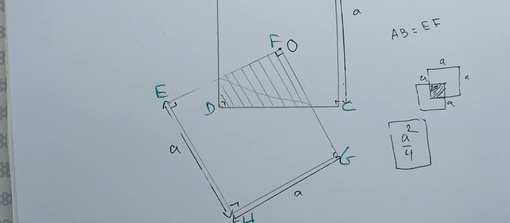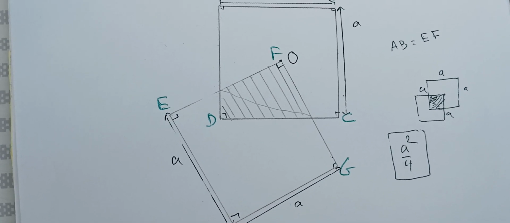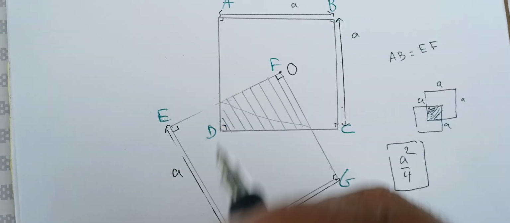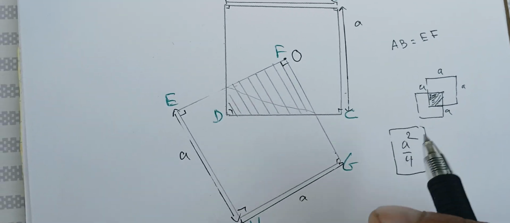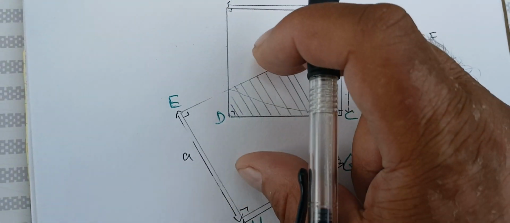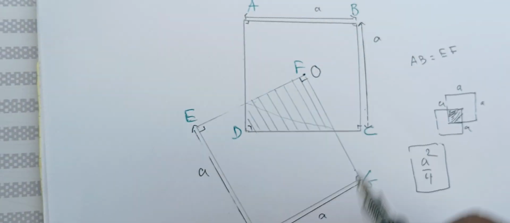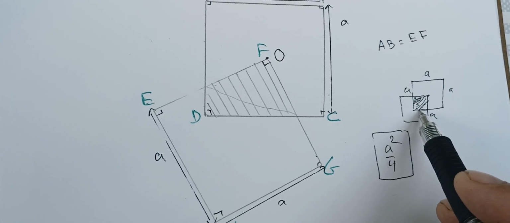Okay? We can prove it in a similar manner for any type of square that we rotate. But the key is that if you rotate this square back to make it horizontal, you will see that we will have something like this.